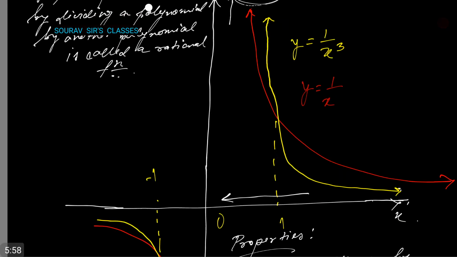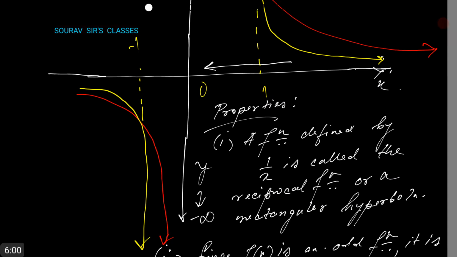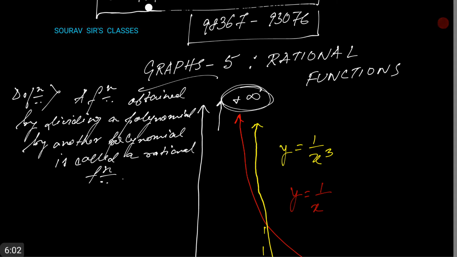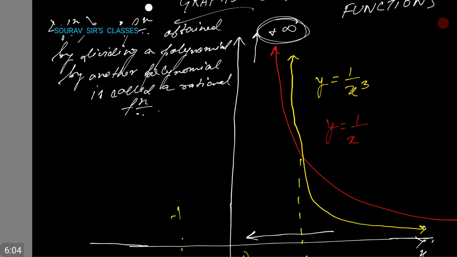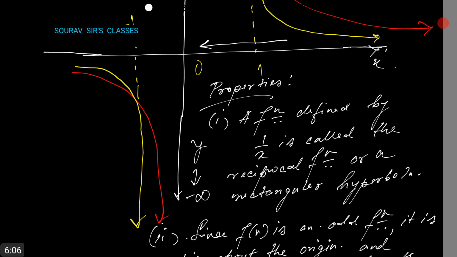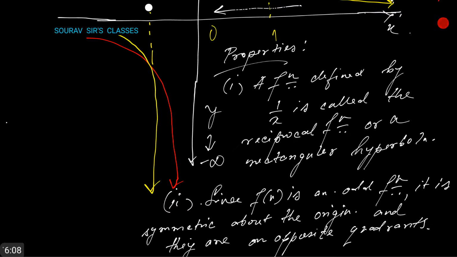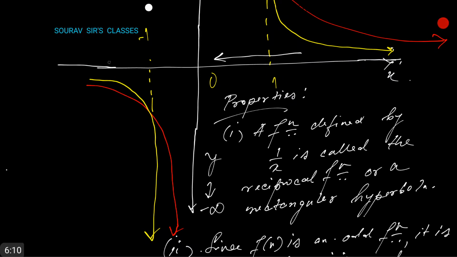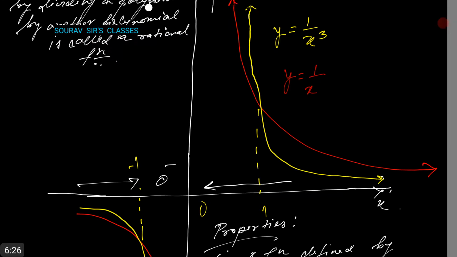Although positive infinity is not a real number, we symbolically say it tends towards positive infinity. And as you approach 0 from the negative side, this will tend to negative infinity.